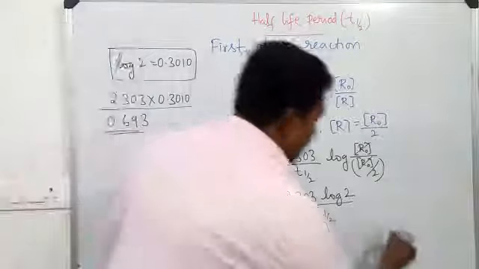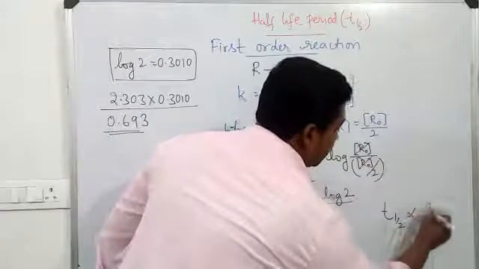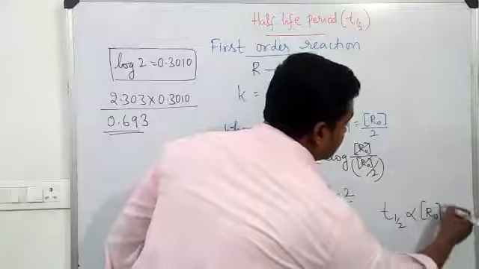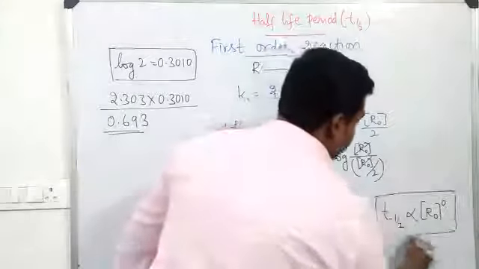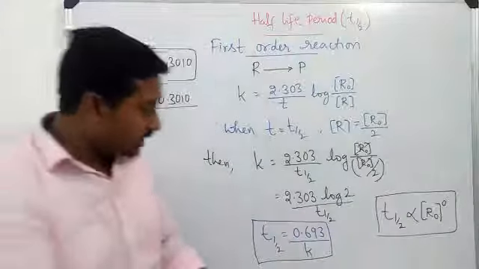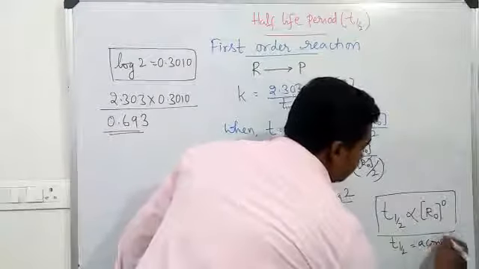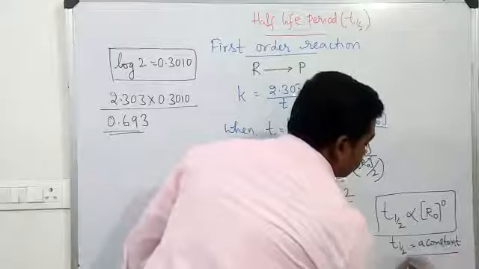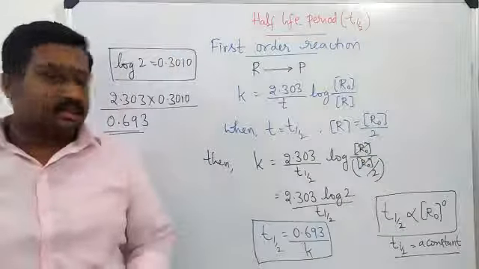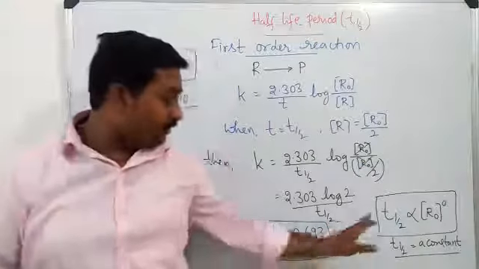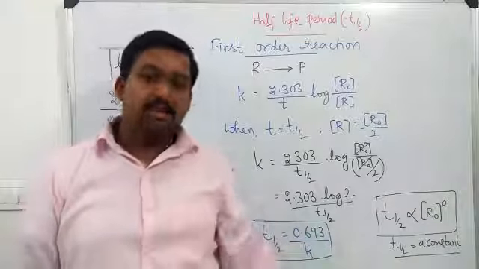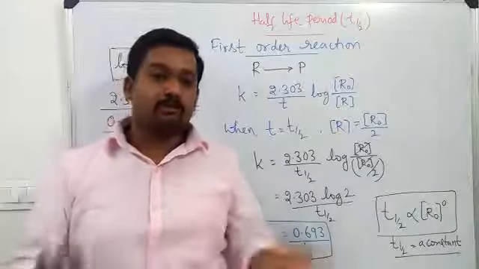It means the half-life is independent of initial concentration, R naught power 0. That means again, the half-life of a first order reaction is a constant. No matter how much reactant is considered in the beginning of the reaction, the half-life remains constant. It will not vary.